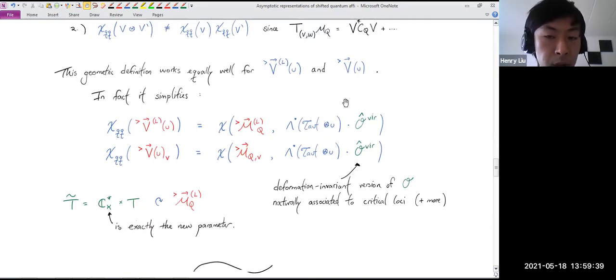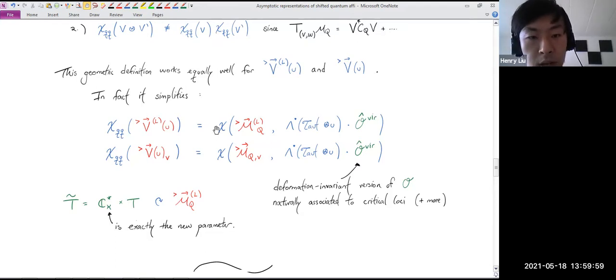And those of you familiar with enumerative geometry, maybe in cohomology or in K-theory, probably have seen expressions like this in the past. In cohomology, what happens is you integrate the virtual fundamental class with respect to some kind of insertion.